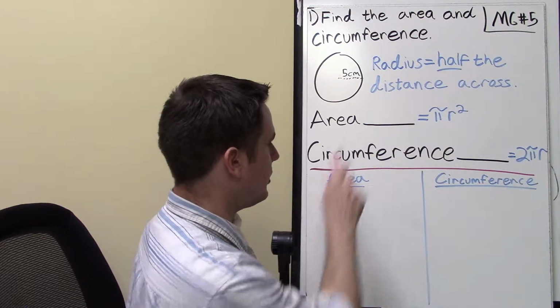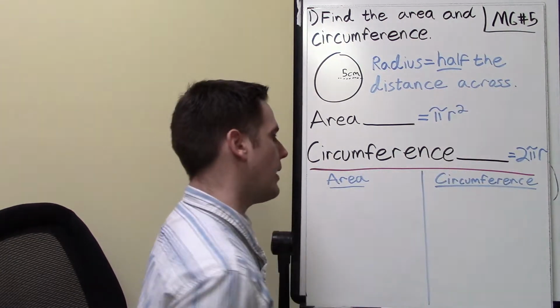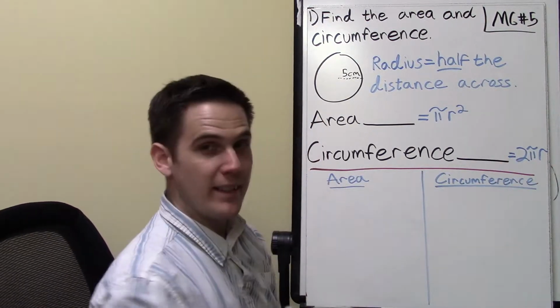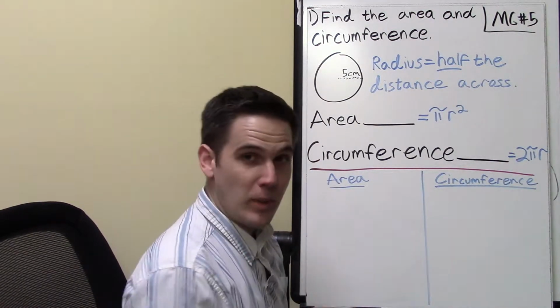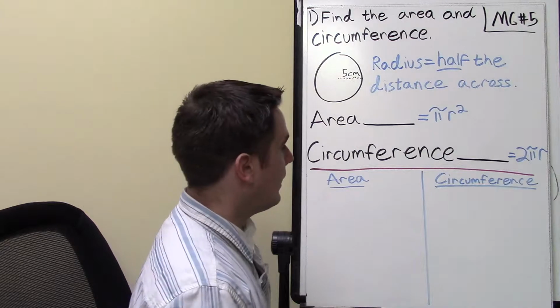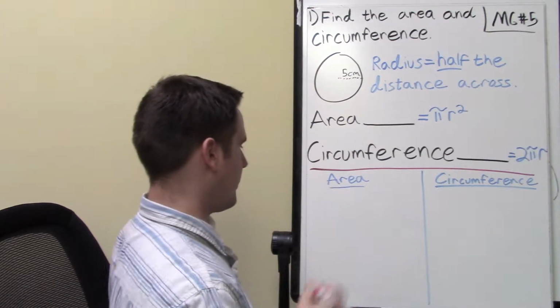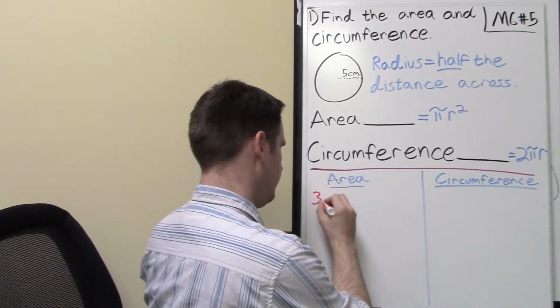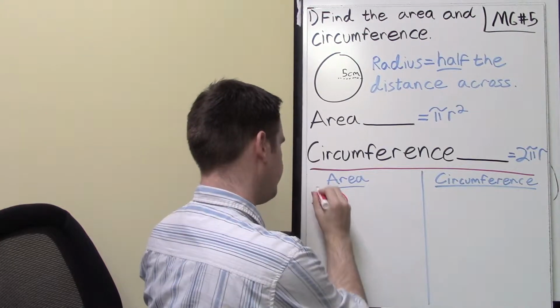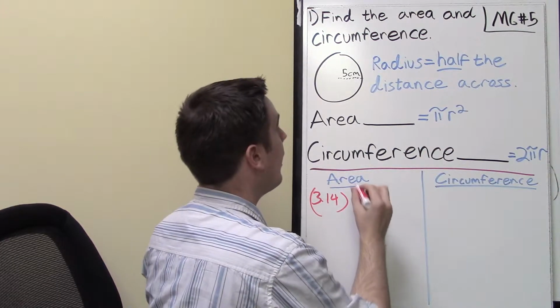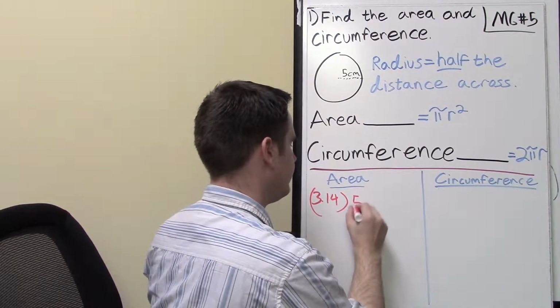So we've got 2 formulas here. Area is pi r squared, circumference is 2 pi r. Simple as that. And it's just about practicing these till you don't forget them. So area is pi r squared, so 3.14 times r squared.